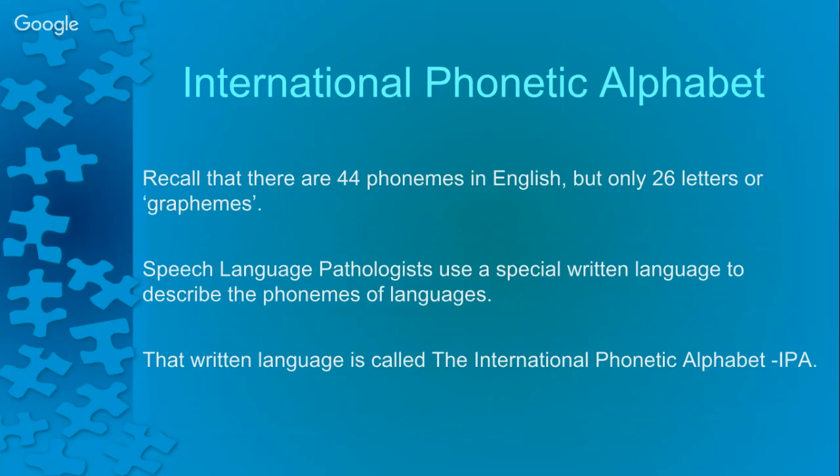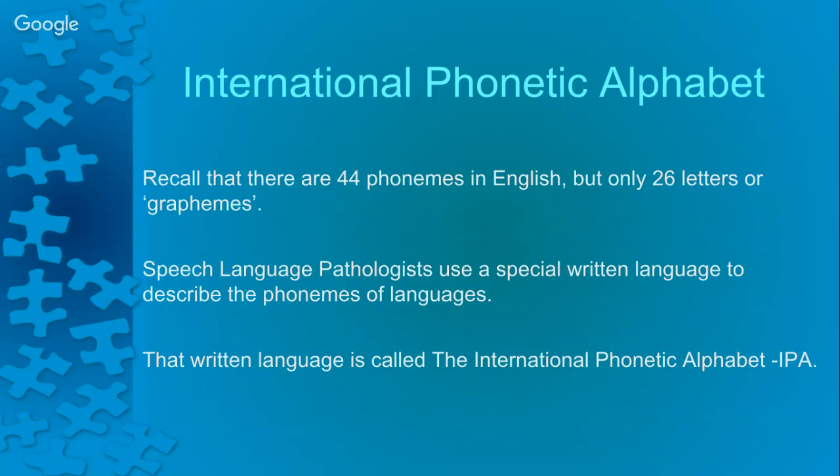While there are 44 phonemes in English, there are only 26 letters or graphemes. So we don't have enough graphemes or letters to represent all of the different phonemes. In fact, sometimes we have to use our letters to represent more than one sound.